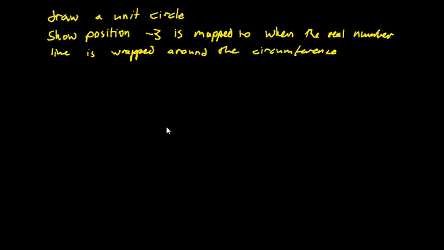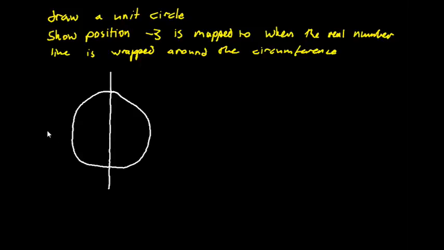Second part of the question says, well, first thing, draw a unit circle, and show the position -3 is mapped to when the real number line is wrapped around the circumference. So what we're saying is, we've got the number line starting at 0, and we've got -3, -2, -1.